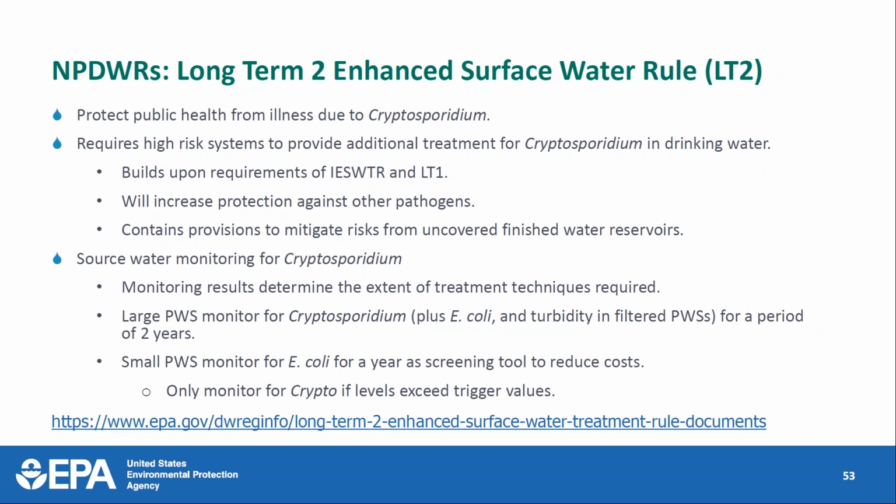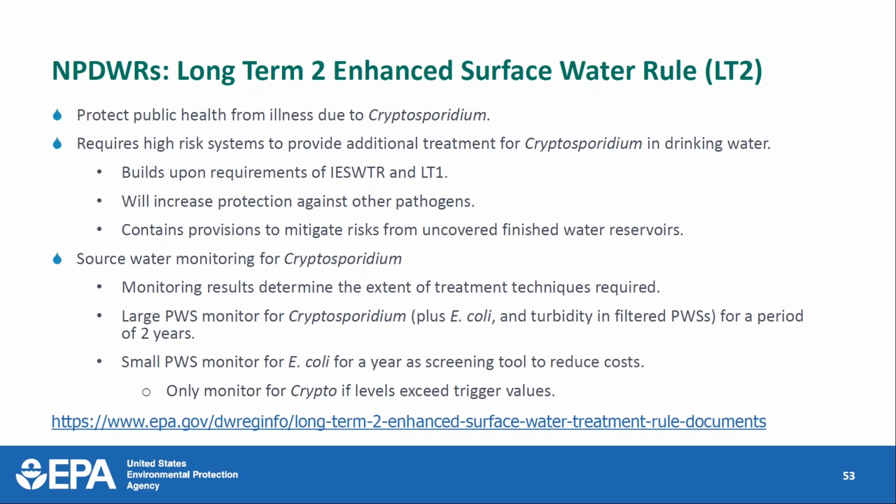Under this rule, water systems will monitor for cryptosporidium. This rule had what's been termed a staggered implementation. In doing that staggered implementation, it meant that systems were broken down by sizes, and depending on how many customers they served, that's when they monitored and what they monitored for.